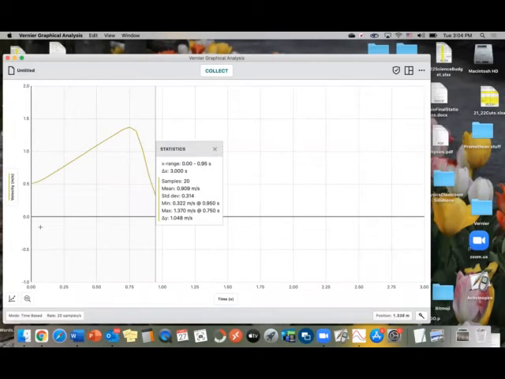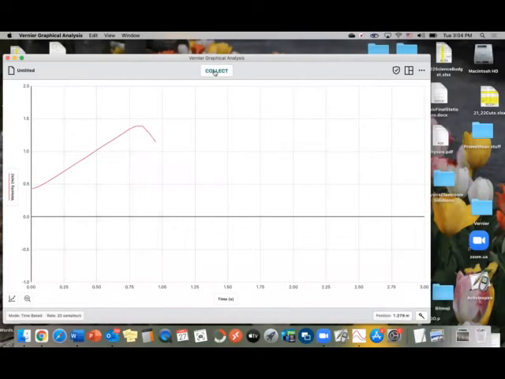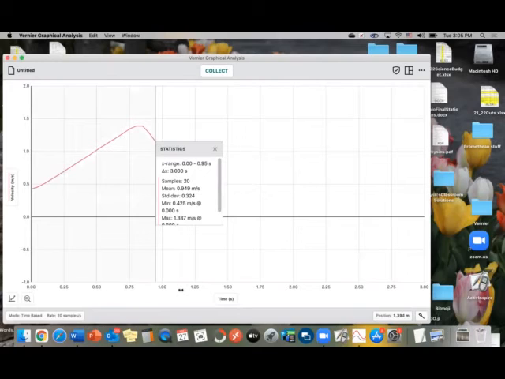Okay. One more trial. This is going to be trial 2 at 80 centimeters. And so stay right there. Trial 2, the velocity is 1.387 meters per second.